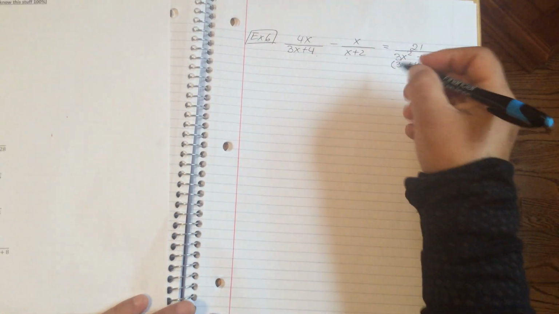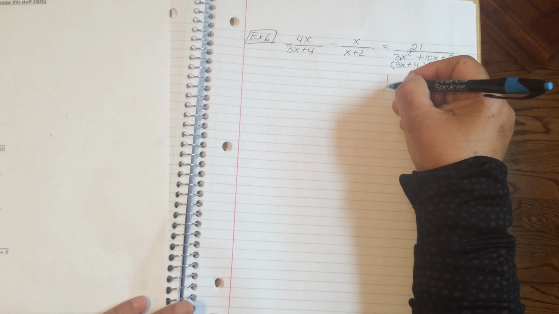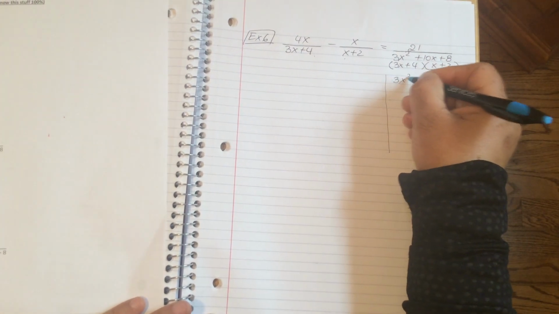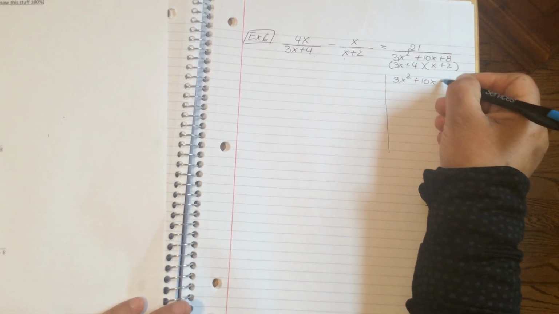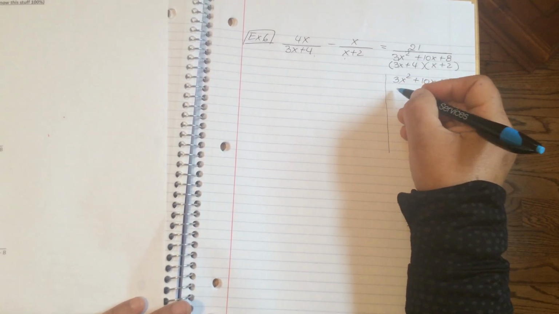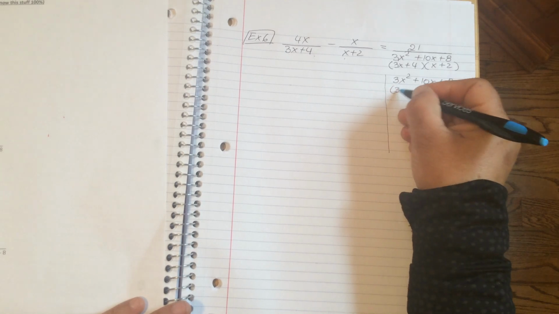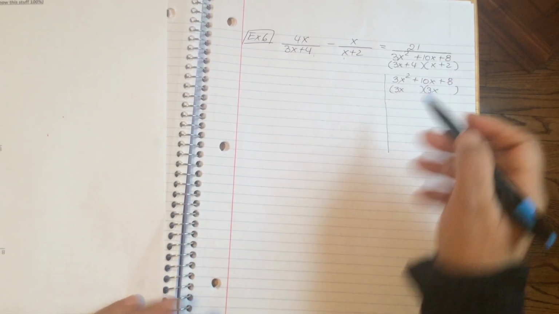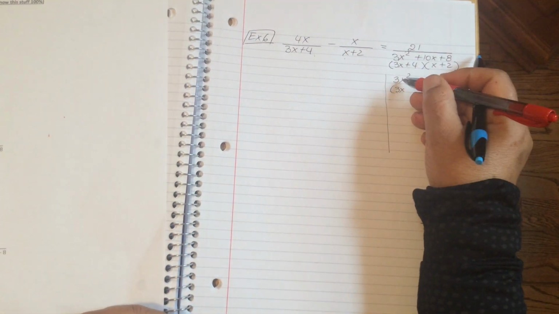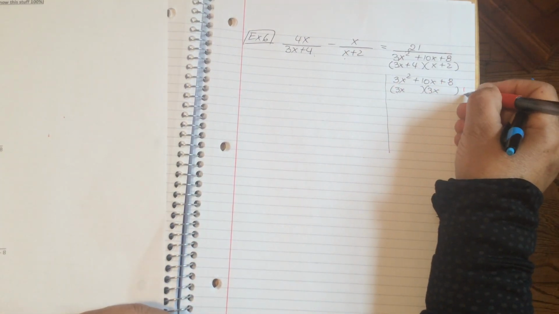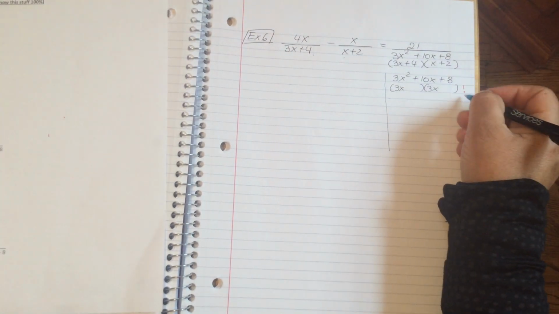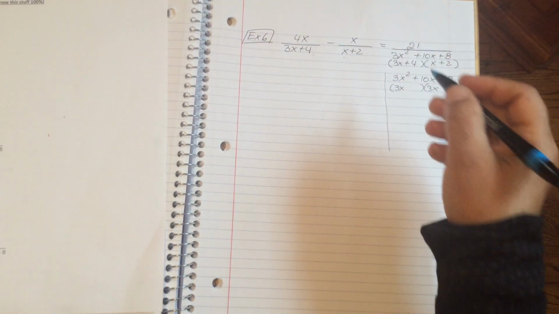Now, if you don't like to check, let me remind you how we factor this, okay? So what do we have? We have 3x squared plus 10x plus 8. So how do we factor this? We write 3x and 3x, even though 3x times 3x is not 3x squared, it is 9x squared. Now this reminds us to simplify later.